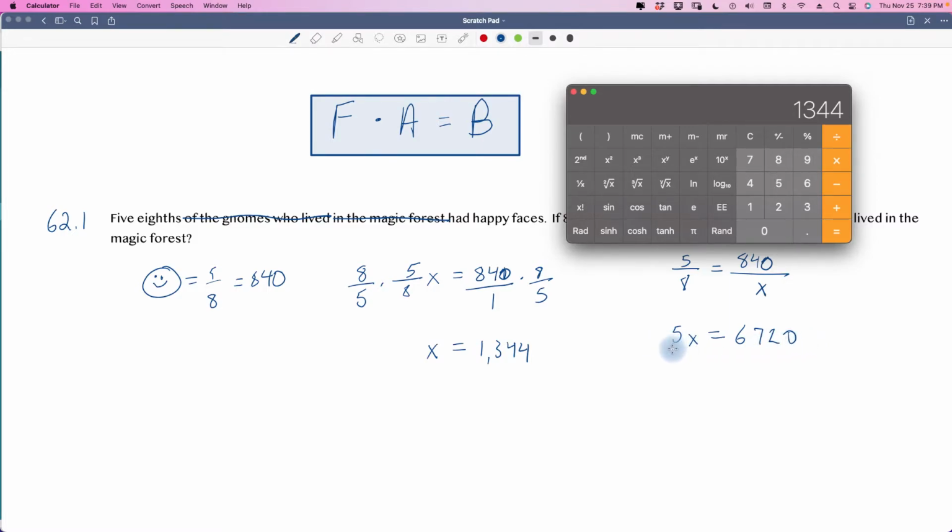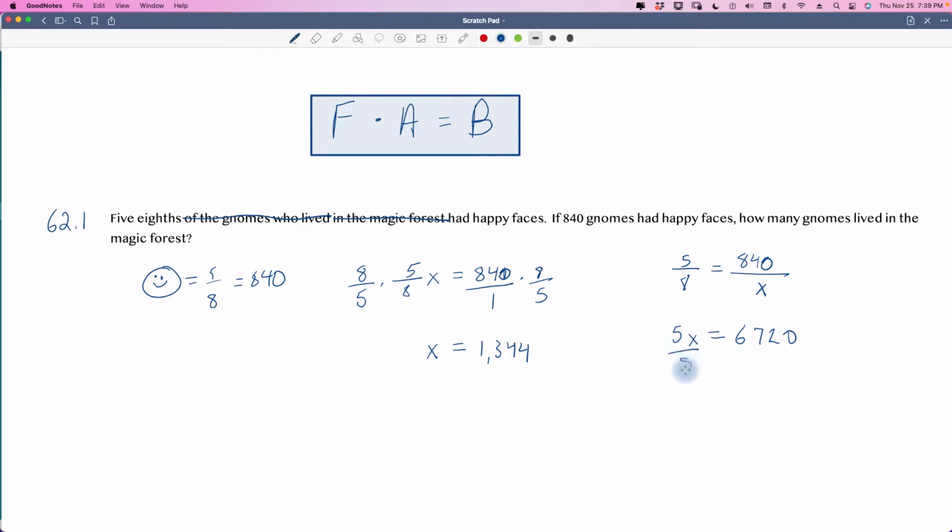So we do the reciprocal, we divide by 5, and when we do that, we get that x is equal to 1,344.